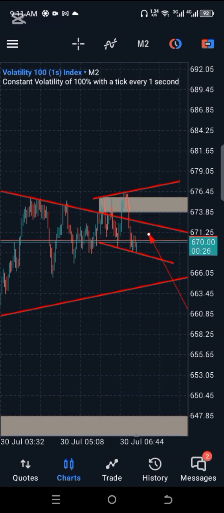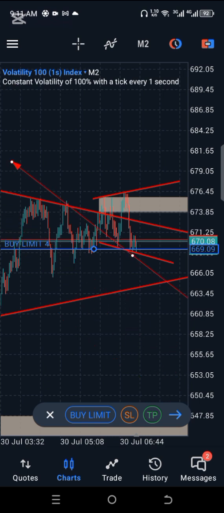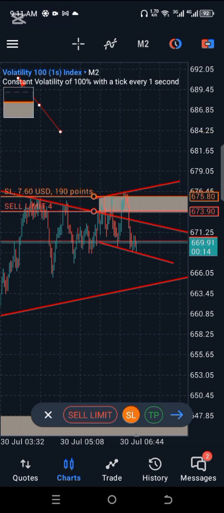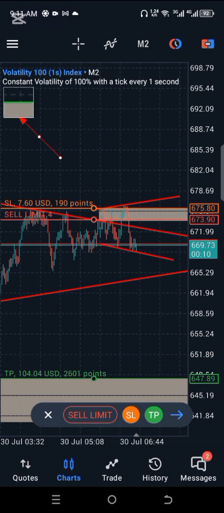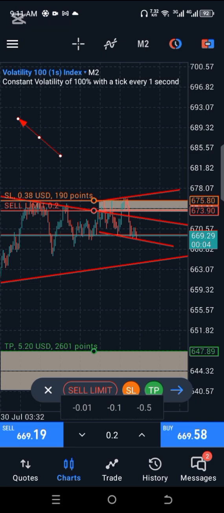If it goes up and starts, let's just move this arrow here. But yeah, if it comes down from here, there to there. If I had $7, we could make tons.